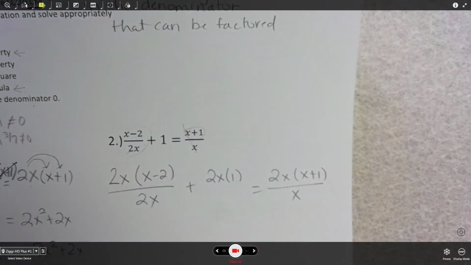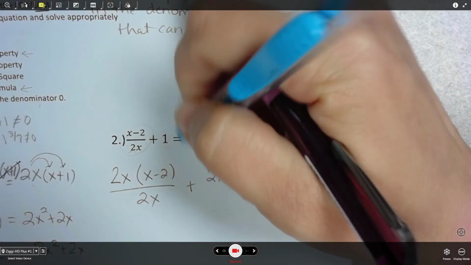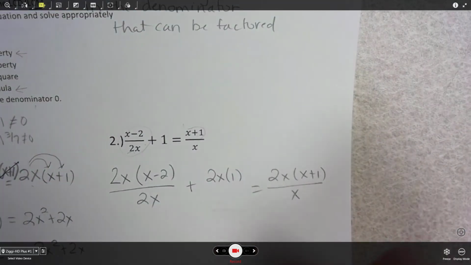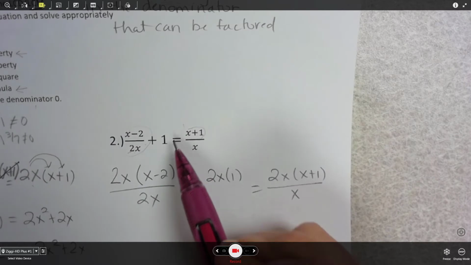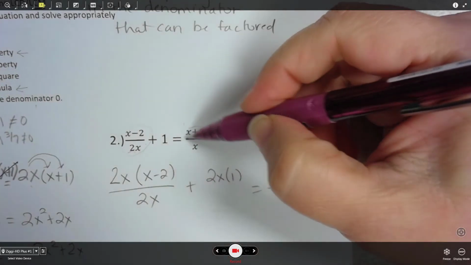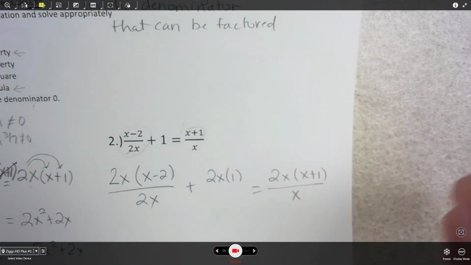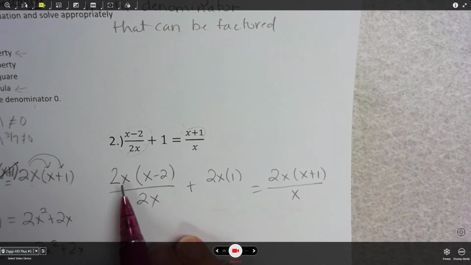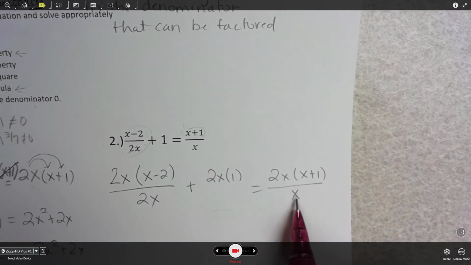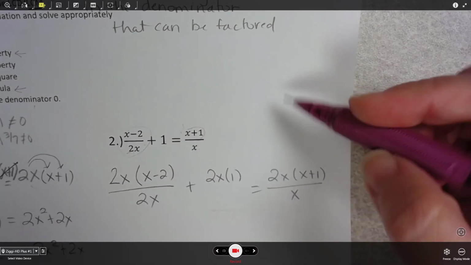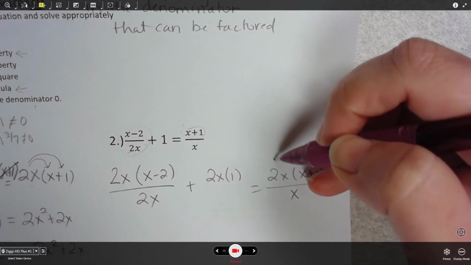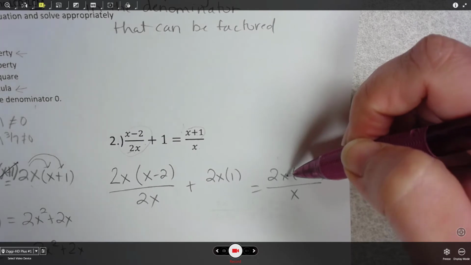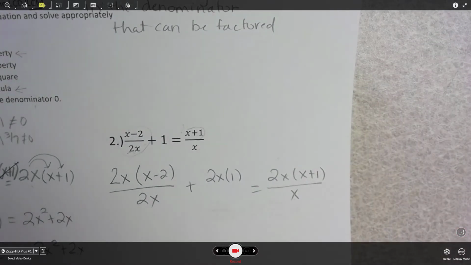That can't happen. Alright, so I need to multiply by an x so that I have an x to cancel with the one in the bottom. Alright, fortunately, when I multiplied by 2x, it gave me an x that I could cancel with. So there's no need to multiply by an additional x. You already have one here in the 2x that you multiplied by.